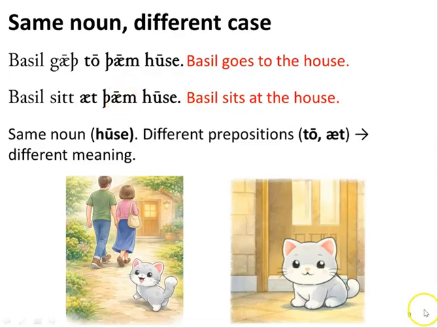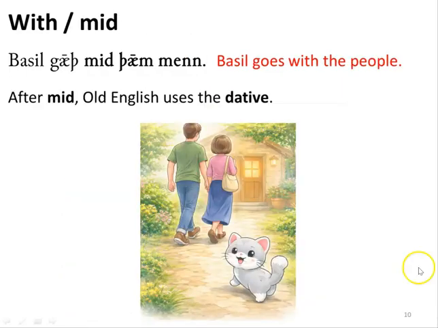All right, so we have nominative, subject, accusative, direct object, and then we have the dative, which is the indirect object. With, in Old English, is mid. Basil gath mid thām mannum. Basil goes with the people.